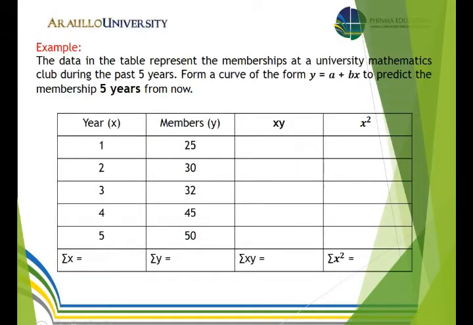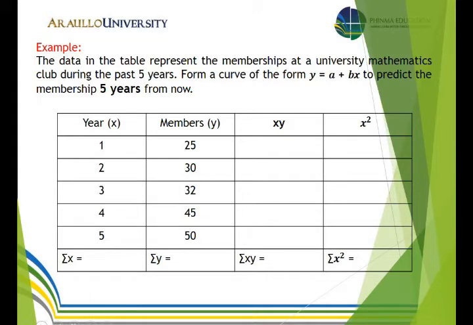The data in the table represent the memberships of the University Mathematics Club during the past 5 years. Form a curve formed by y is equal to a plus bx to predict the membership 5 years from now. So we have a given data.